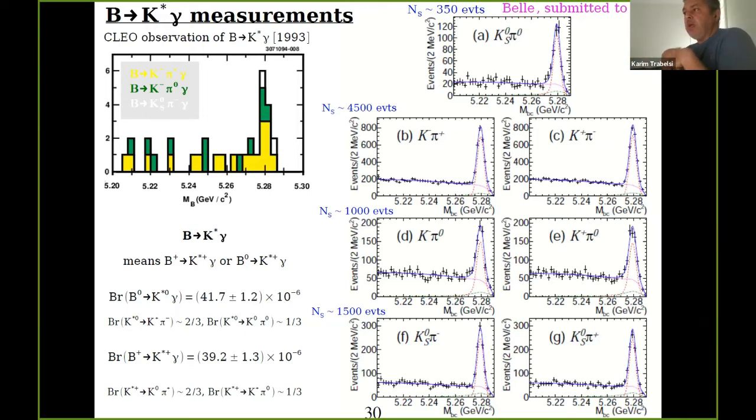For the standard model, we have a prediction of no asymmetry, and for some models of new physics, you would expect 10 to 20%, at least before you measure it.